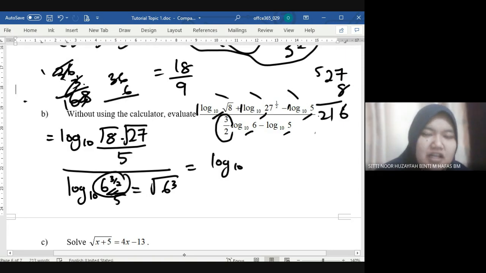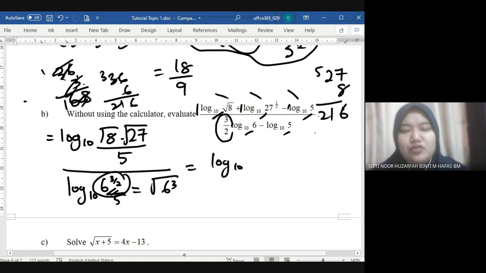Betul dah darab tu, tapi 36 sepatutnya darab 6 lah kan. Kuasa 3 darab 6 lah. 6 kuasa 3. So 6, 36, 216. Okay, so nampak bentuk kan?